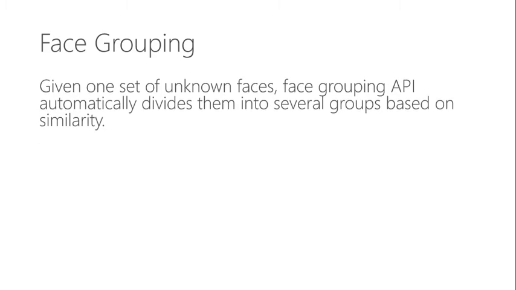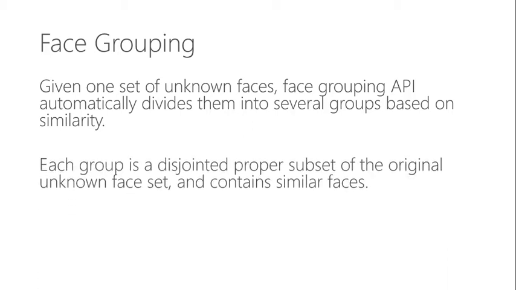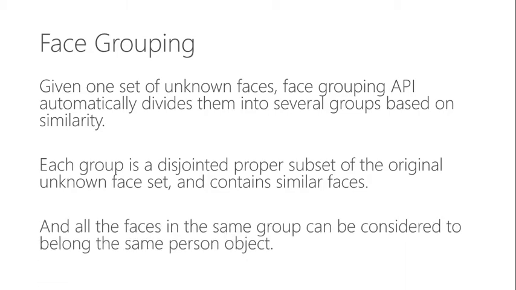For face grouping, given a set of unknown faces, the Face Grouping API automatically divides them into several groups based on similarity. Each group is a disjoint proper subset of the original unknown face set and contains similar faces. All the faces in the same group can be considered to belong to the same person object.